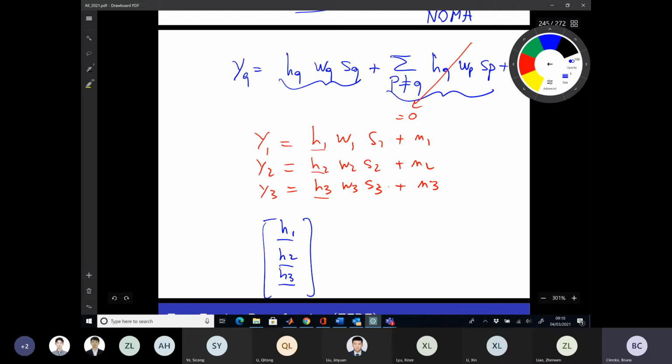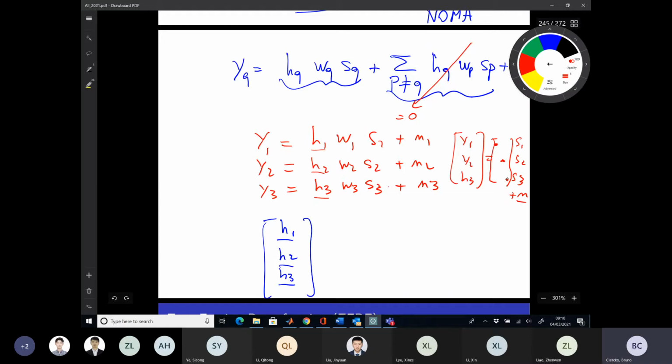Let me write this slightly differently. Here I can write Y1, Y2, Y3, and this will be equal to something times S1, S2, and S3, and I have essentially a diagonal matrix here, plus some noise vector.